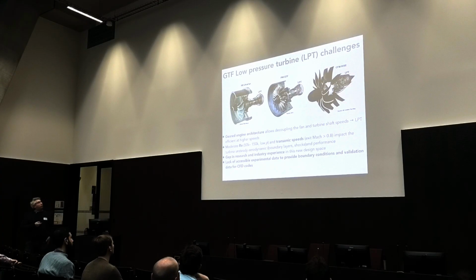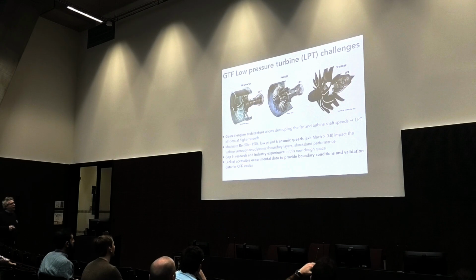So the challenge now for the low pressure turbine. Let's remember that the low pressure turbine is a turbine located at the back of the engine. We know that the geared engine architecture allows to decouple the fan and the turbine shaft so that they rotate efficiently at their own speed.